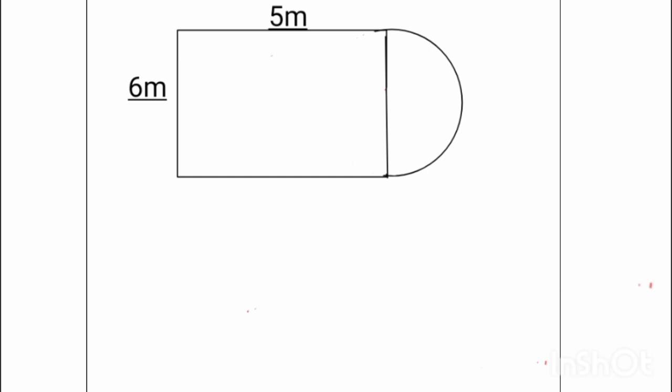Now we can see that there are two parts to the shape, as we said before: the rectangular portion, which we'll call part A, and the semicircular portion, which we will call part B. Now we will be finding the area of these two parts and then combine them to get the area of the whole shape.